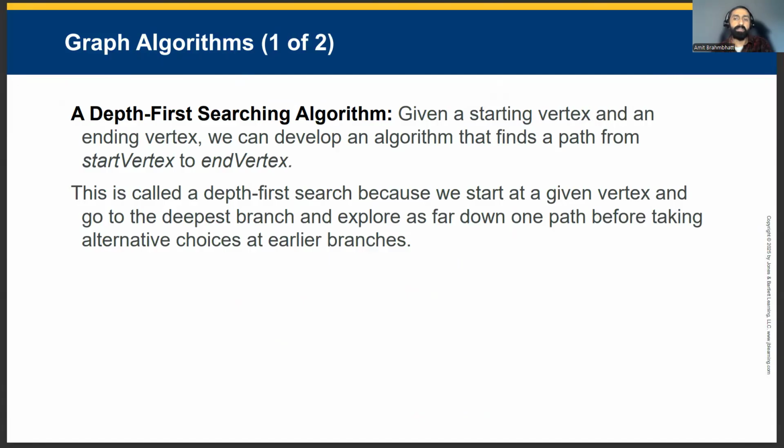You begin at the start vertex, choose one of its neighbors, and continue moving forward until you reach a dead end. Only then do you return to earlier vertices and explore alternate paths. DFS uses a stack, either explicitly or implicitly, to keep track of the path. This method is especially useful for problems like maze solving, cycle detection, and exploring connected components in a graph.